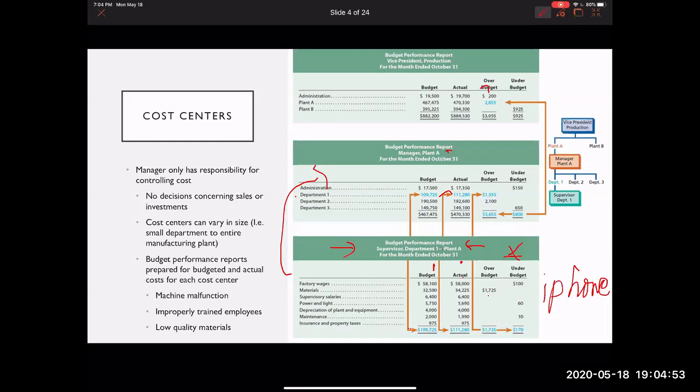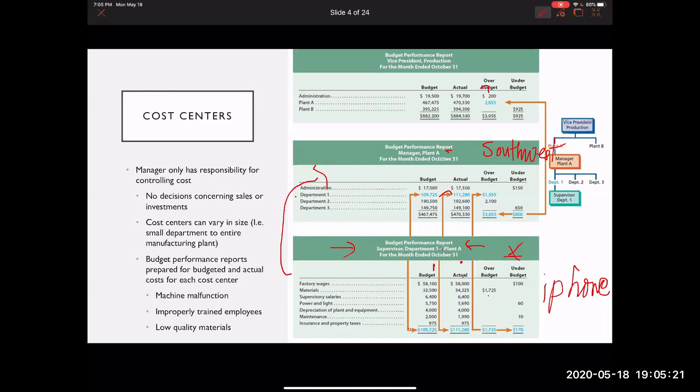This is plant A. Now, maybe this would be, say, I don't know, maybe the iPhone was a bad idea. Let's say, no, it could be for the iPhone, but let's say this is for the Southwest region. Okay, all right, whatever.